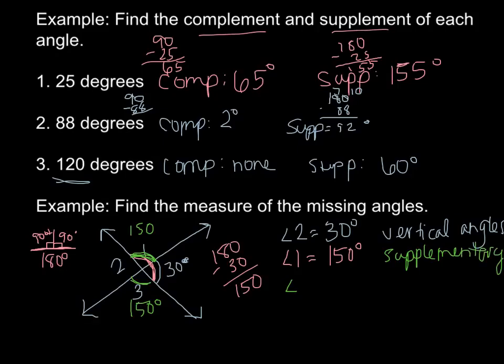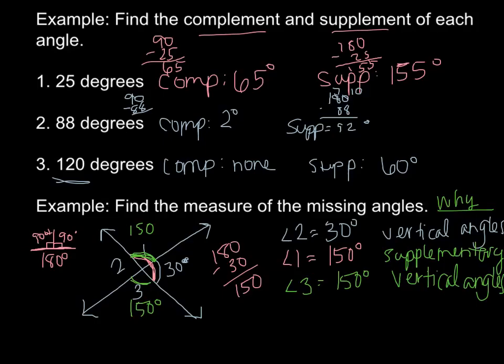If it asks you to prove why, it's because of supplementary angles. And angle 3 equals 150 degrees as well because of vertical angles. I'm not sure if it'll ask you to tell why, but if it does, this would be your definition: because of vertical angles, because of supplementary angles, because of vertical angles.